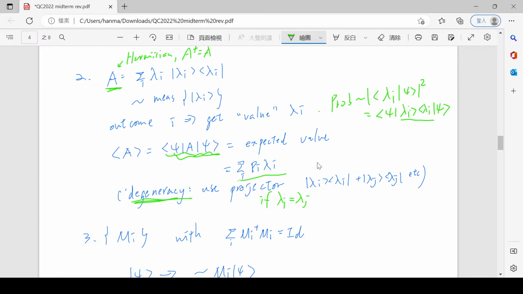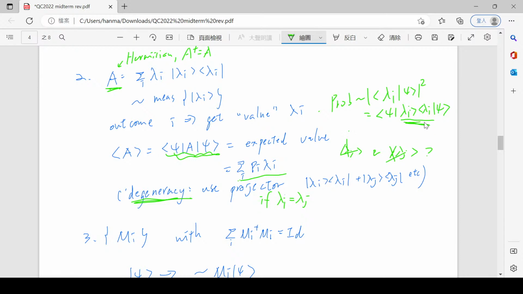Because if lambda I equals lambda j and you get the outcome, let's say you get lambda j, but it's also lambda I, so is the resulting vector lambda I or lambda j? Both of them are wrong.